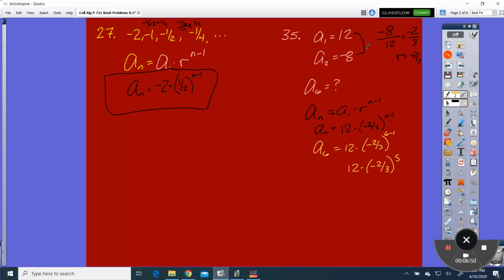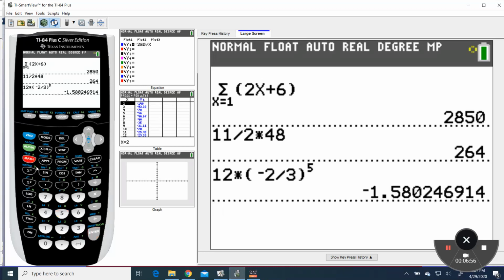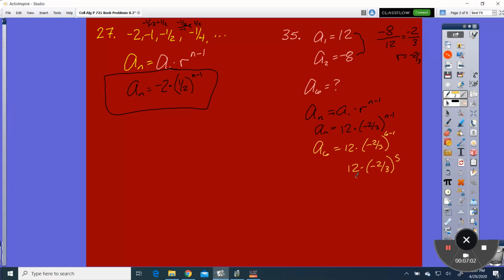Had a quick thought. Positive, negative, so it is a negative r. Okay. Enter. Well, I like a fraction better today. Negative 128 over 81. And that's our answer. That's the sixth term for number 35.